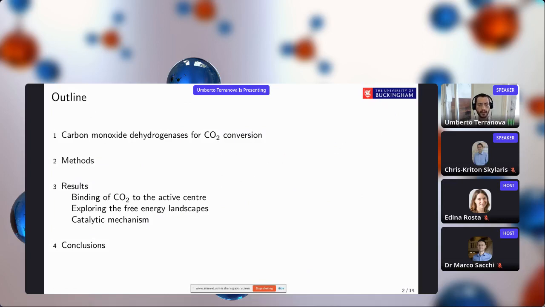In particular, I will first talk about how the CO2 molecule binds the active center of the enzyme. And then I will present the exploration of the free energy landscapes of the reaction mechanism, which I have used finally to determine the catalytic mechanism, which includes some of the experimental findings as well.